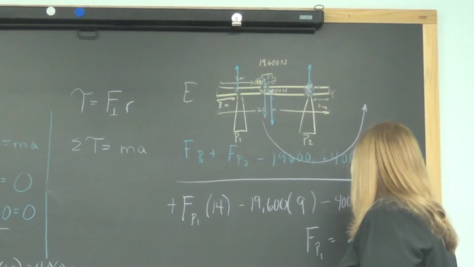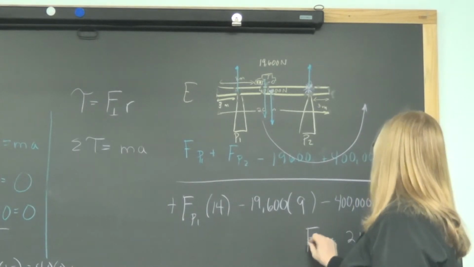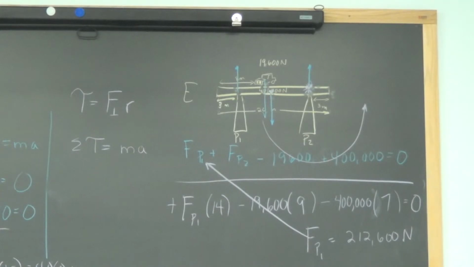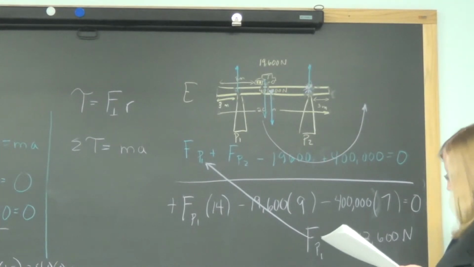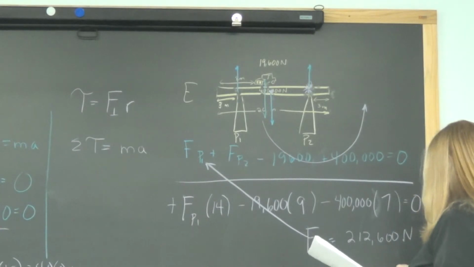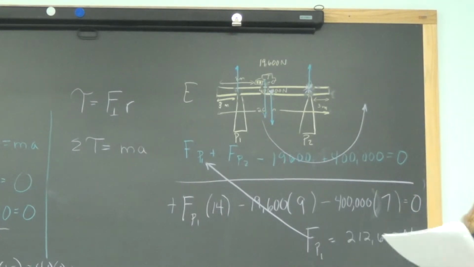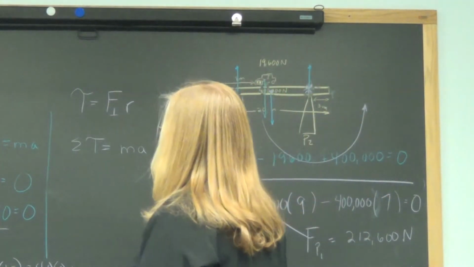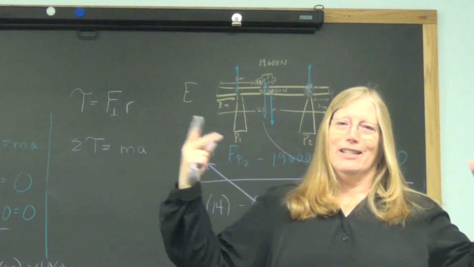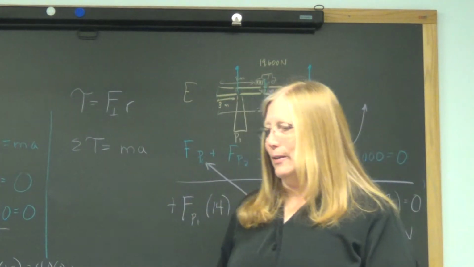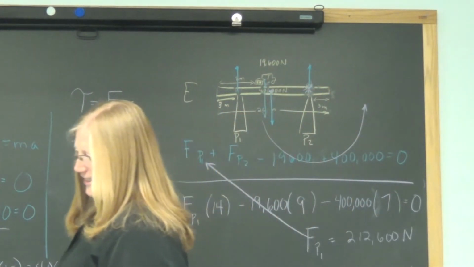Alright, so we're gonna go up here, put the force of pillar 1 number in there and solve for force of pillar 2, and it came out to 207,000 newtons. Alright, do you see the repetitious nature of these? We just sort of do the same thing over and over and over, like anything else in physics.